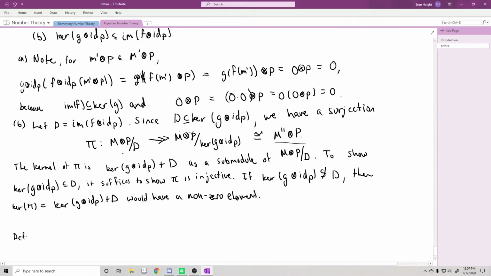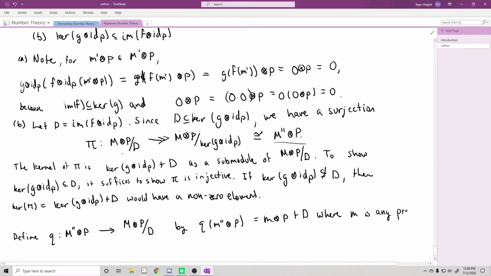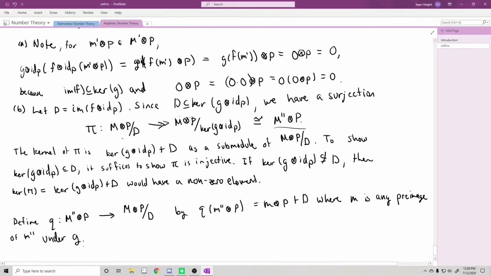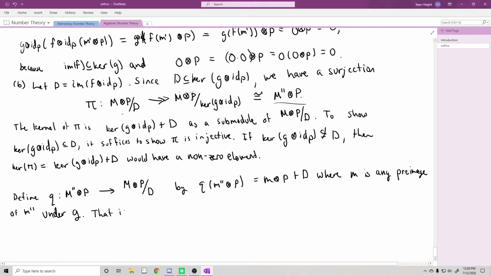So define Q from M double prime tensor P to this quotient M tensor P mod D by Q of M double prime tensor P is going to be M tensor P plus D, where M is a chosen preimage, is any preimage of M double prime under G. That is, G of M equals M double prime.